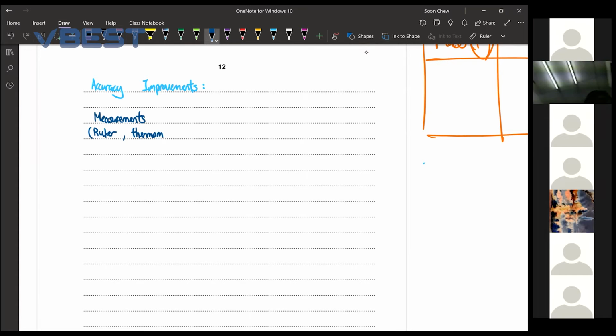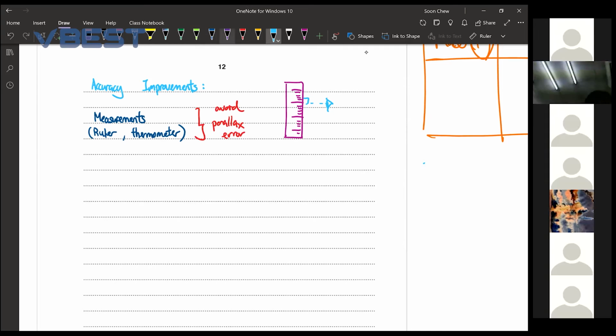If they ask you how you can take an accurate measurement, you can mention the parallax error. You want to avoid parallax error by making sure that your eye level is constant. Like this one is your scale. As I mentioned just now, make sure your eye level is perpendicular to the scale.